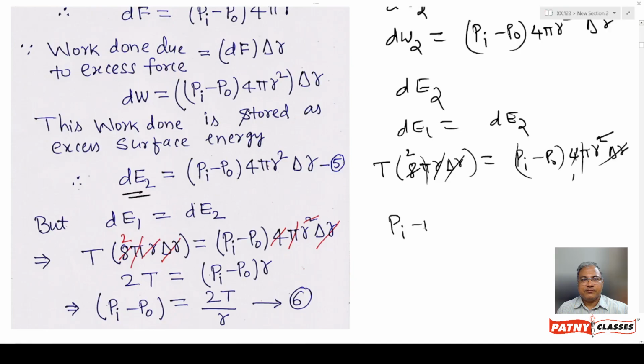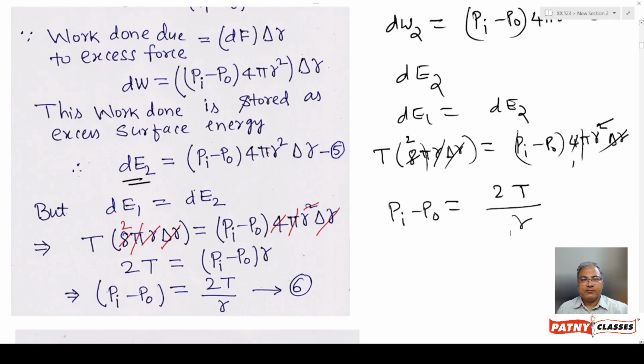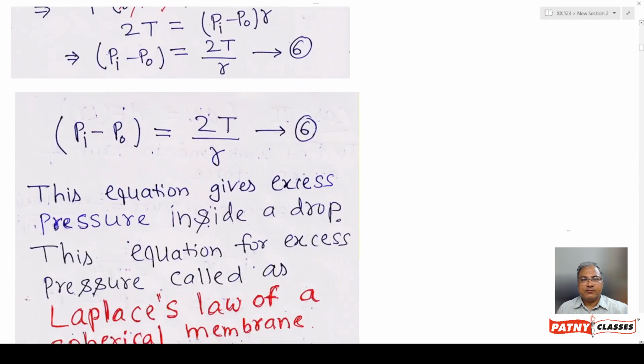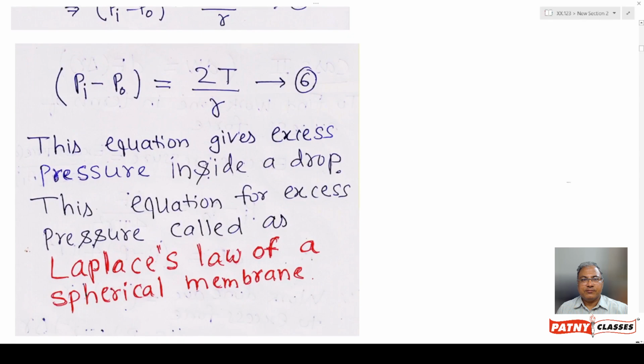Therefore Pi minus P naught equals twice T divided by R. Pi minus P naught equals 2T upon R. This equation gives us the excess pressure inside the drop, expressed in terms of surface tension, and it gives the relationship between excess pressure, surface tension and the radius of the drop. This equation was developed by Laplace. Therefore it is called the Laplace law of spherical membrane.